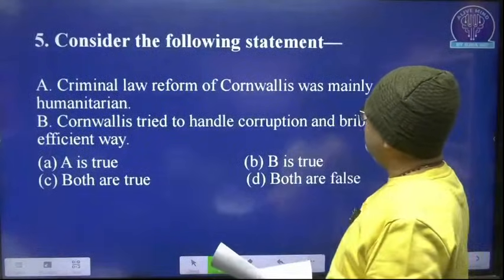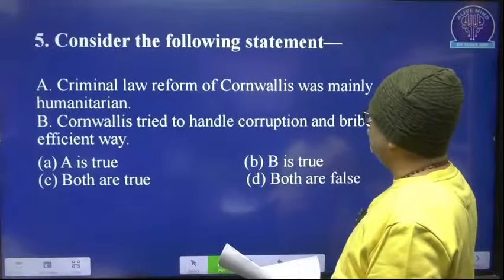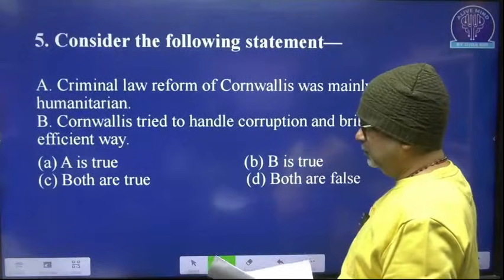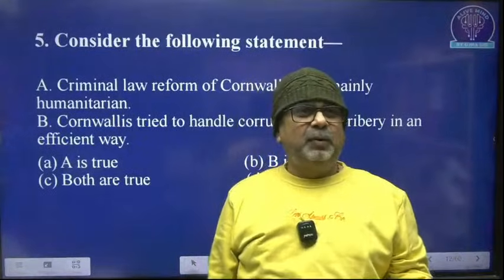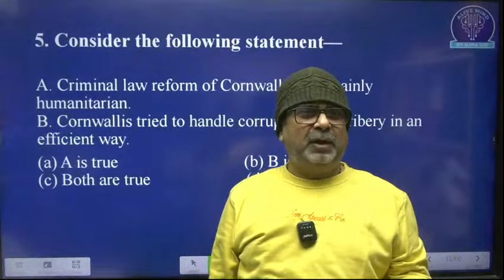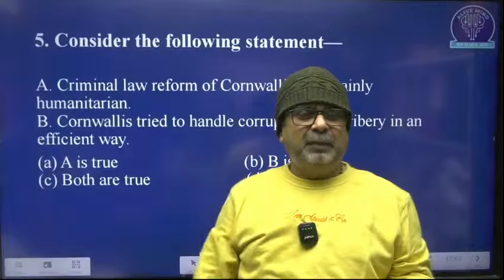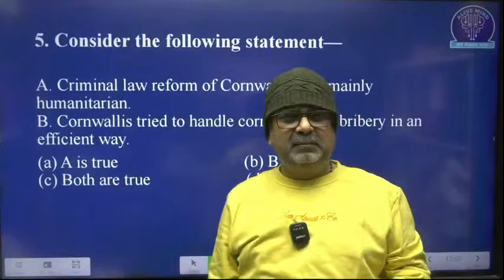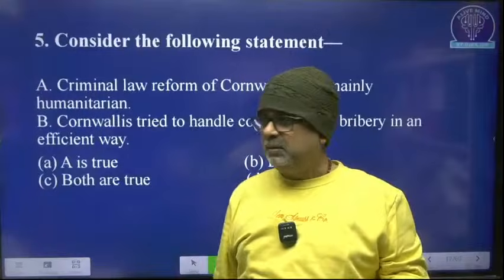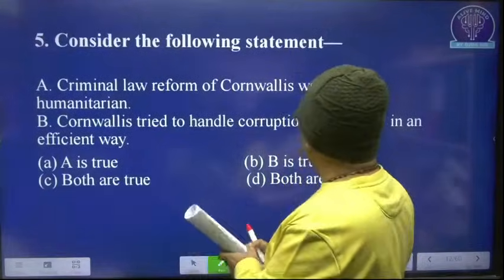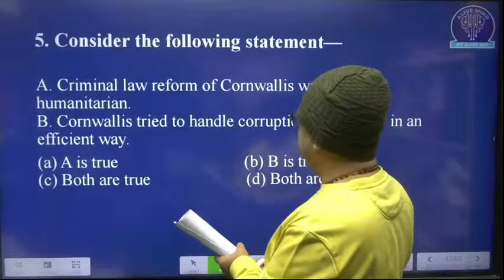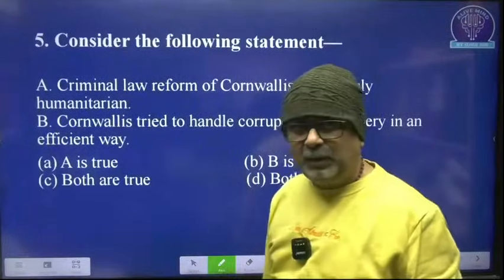Consider the following statement. Criminal law reform of Cornwallis was mainly humanitarian. But obviously, the Mughal law was based on Islamic law: amputating the hands, amputating the leg, taking out the eyes. So humanitarian. Cornwallis tried to handle corruption and bribery in an efficient way. True.